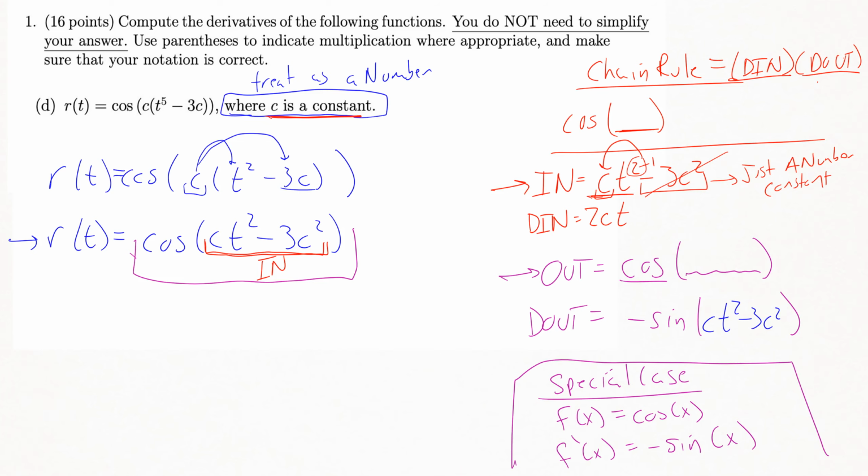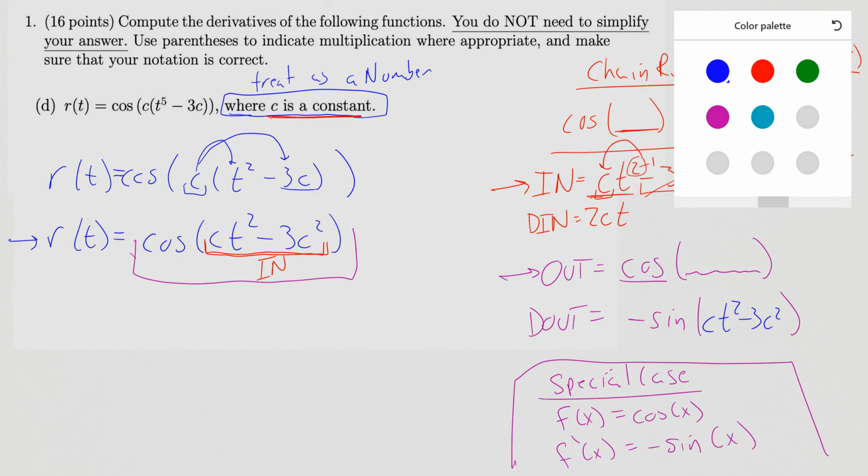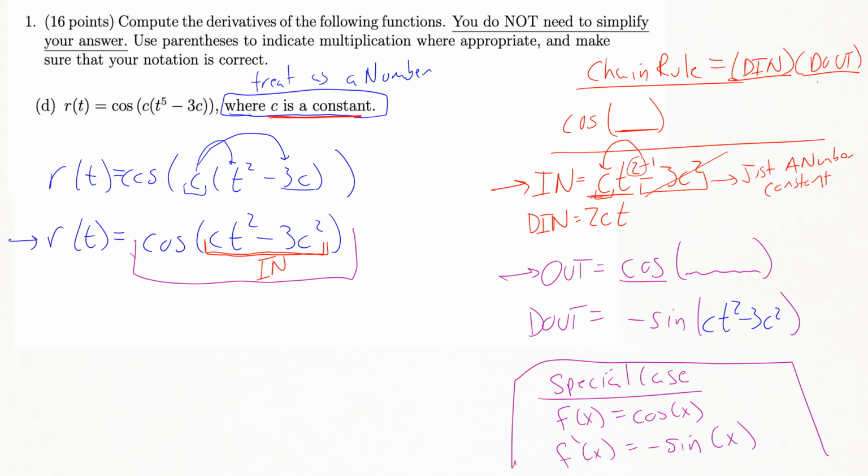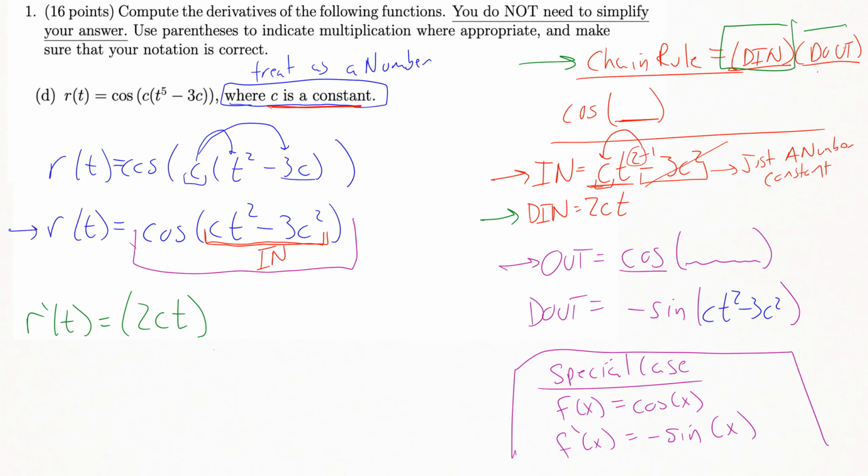Now that we have all of our pieces, we've got our d in and our d out, we can come back over here and start putting together our derivative, our r prime of t. The chain rule says d in times d out. So we take the derivative of the inside piece, that would be 2ct, and multiply that by the derivative of the outside piece, which would be this piece right here.